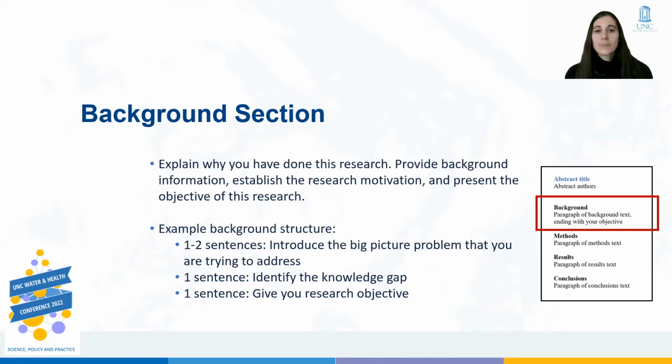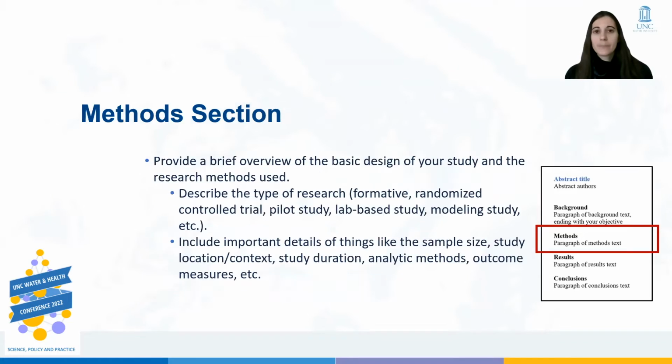Then go into the specific knowledge gap that your research is addressing, followed by giving your specific research objective that might address that knowledge gap. By the end of reading this section, I should understand why you have undertaken this research, why it's important, and why your research contributes to solving an existing problem.